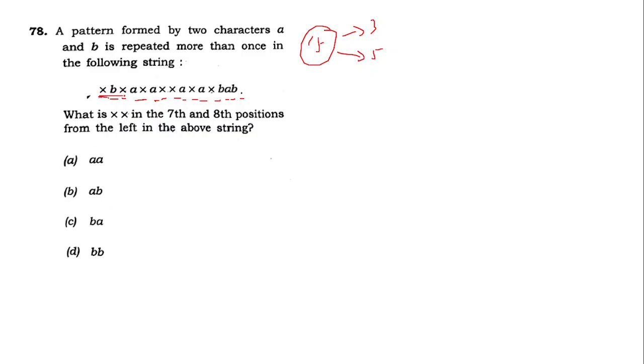Now there is a hint. Already we have a hint here for the last 3 letters, B, A, B. So we will follow the same thing, B, A, B. So this also will be B, A, B.